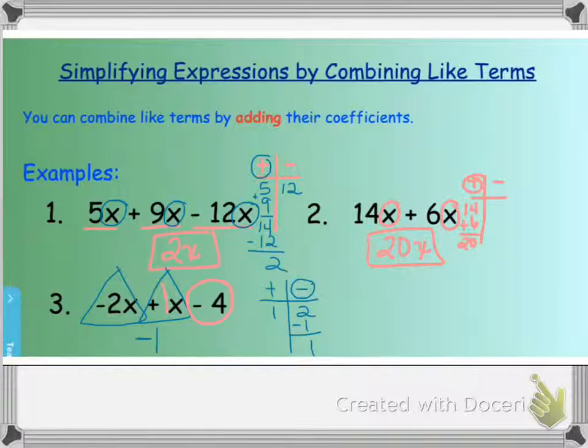It would be negative 1x minus 4, because this minus 4 doesn't have anything to be combined with. However, mathematicians also don't write that 1. They leave it out. Just like up above, there wasn't a 1 there until I added it. So really, it's going to be negative x minus 4 as our answer.